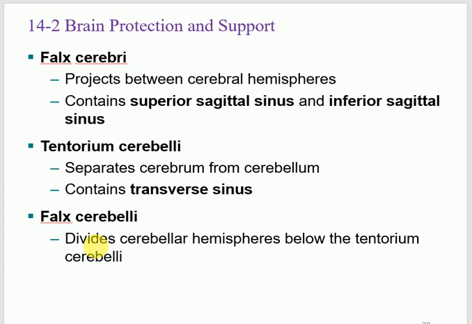Are we clear? Remember I told you falx cerebri is that separator between the two hemispheres, right? Of what? Of the cerebrum, the big one. How about the separator in between the small one? Same name, but instead of falx cerebri, separator of the two cerebral hemispheres, this is a separator of the two cerebellar hemispheres. Okay?